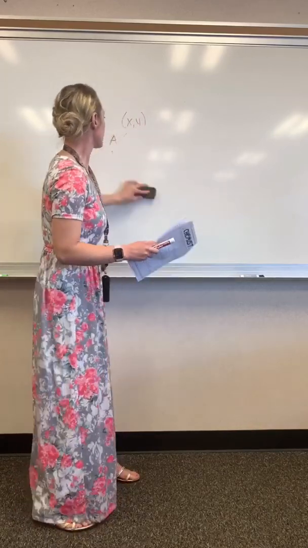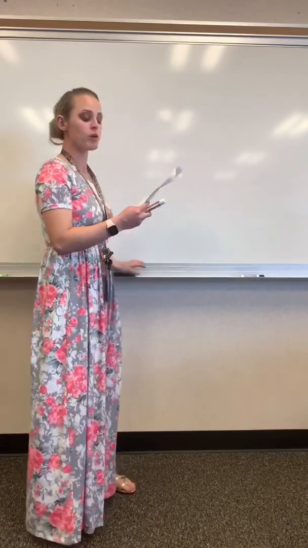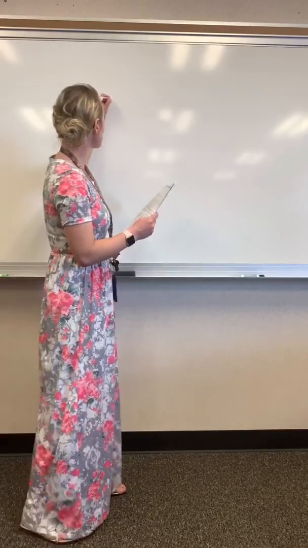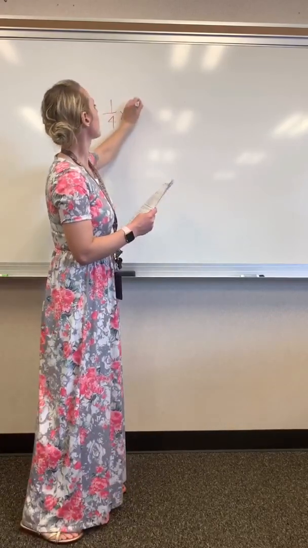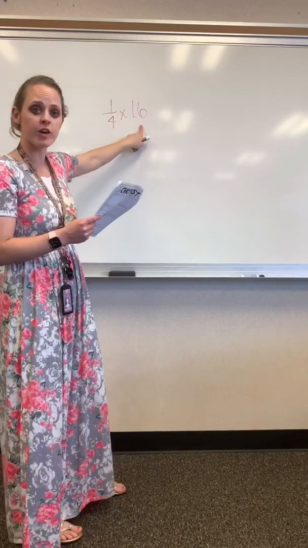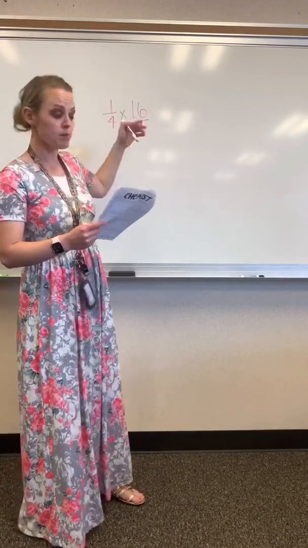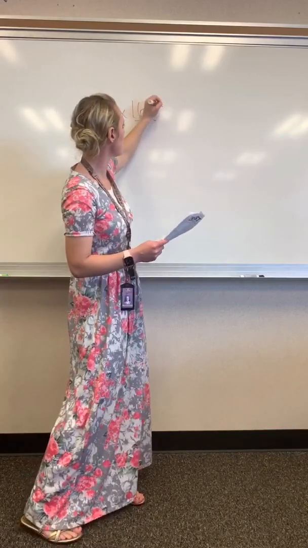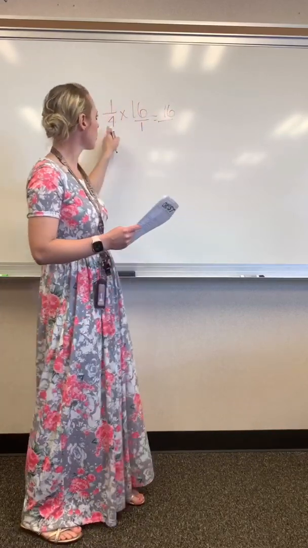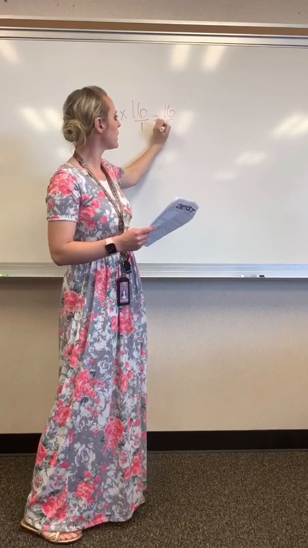All right. For number 3, we are multiplying fractions. Super easy. Okay? Remember, whenever we have a whole number, what goes underneath? An invisible 1. Okay? So then we multiply straight across. 1 times 16 equals 16. 4 times 1 equals 4.